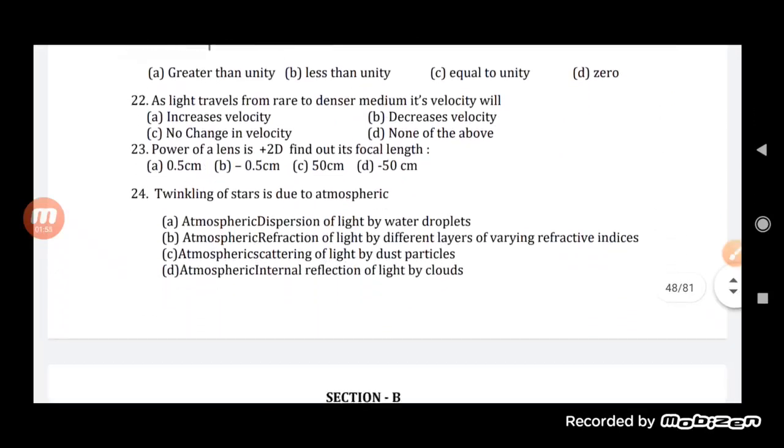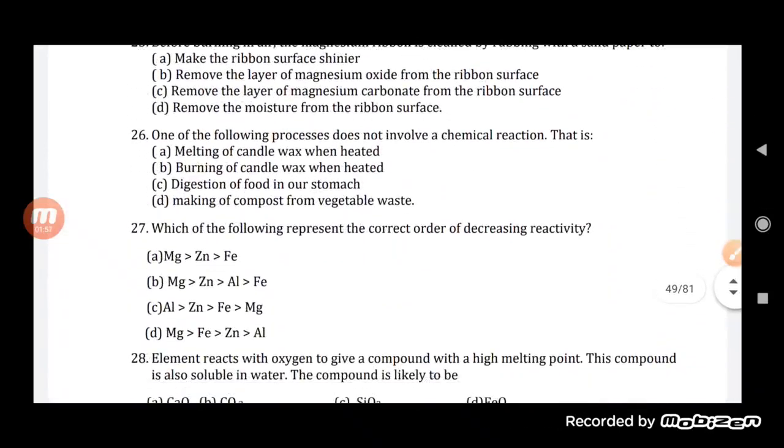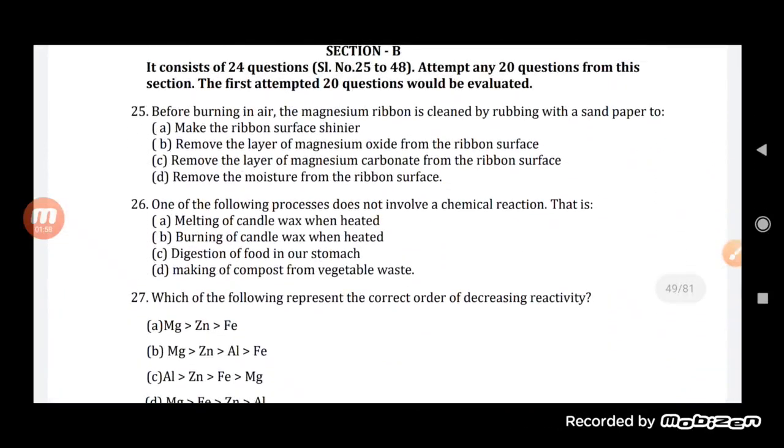Now, we have come to section B, students, and you see the question is that before burning in air, the magnesium ribbon is cleaned by rubbing with sandpaper. To make the ribbon surface shinier, remove the layer of magnesium oxide, remove the layer of magnesium carbonate, or remove the moisture from the ribbon surface.